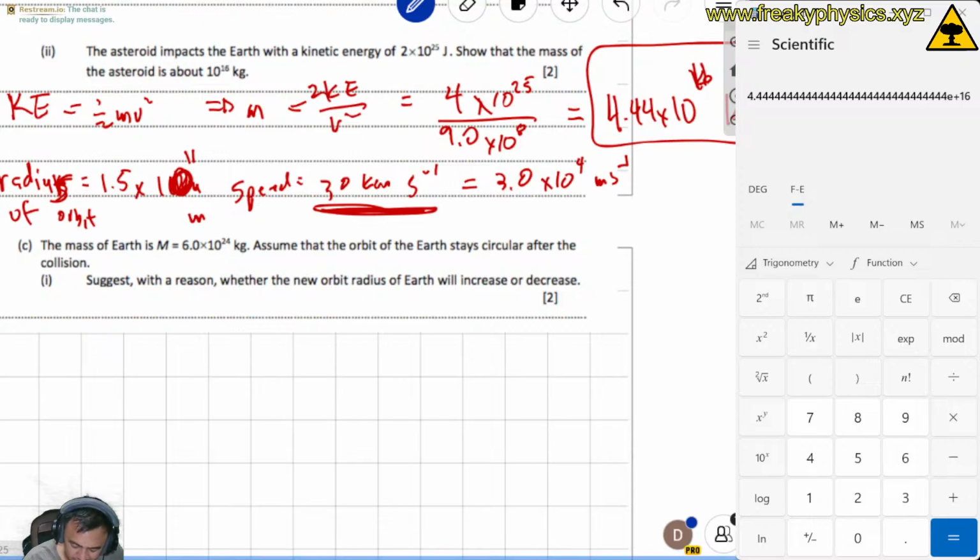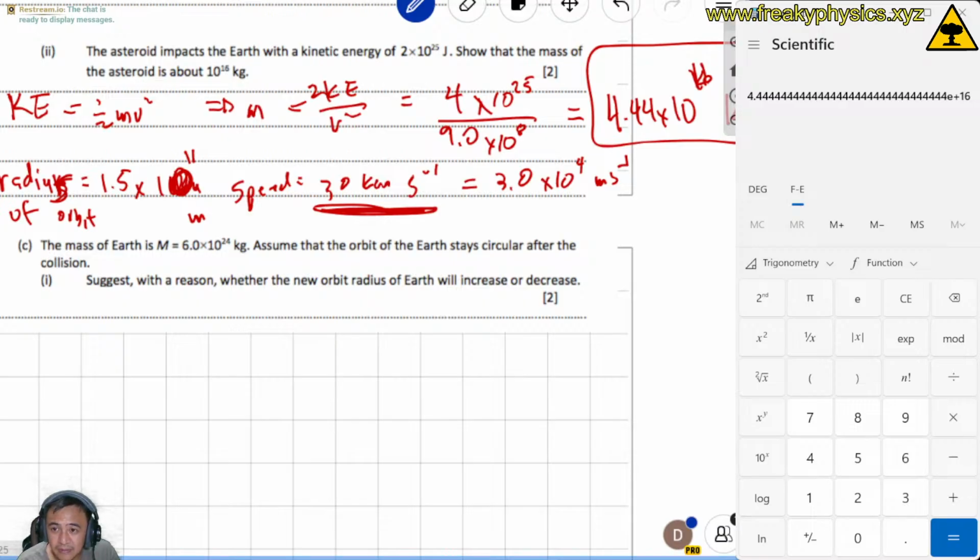So there is an equation again in the data booklet relating the orbital speed and the orbital radius, right? Yeah. Okay, let me just check out what exactly it is, because that's again one of the formulas I don't really memorize, so I have to check. Here we go.